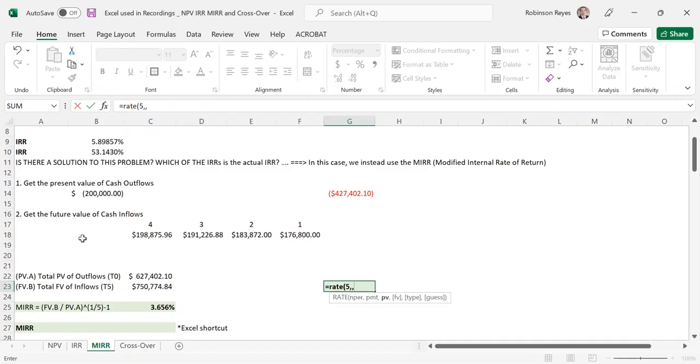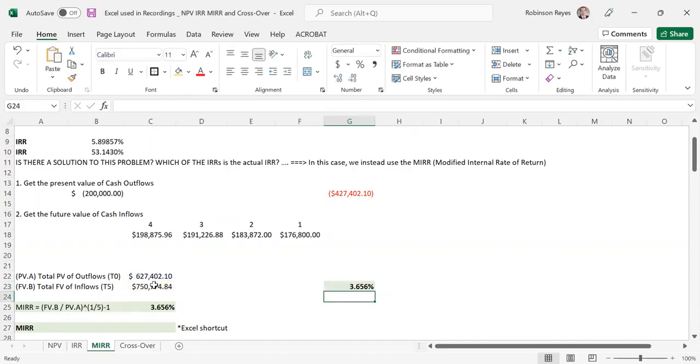Payment, we're not using that, but payment, we need to plug that in as negative, future value as positive. The rule, remember, in Excel and the BA II Plus calculator: if money's going out of your pocket, then that's negative. If money's coming into your pocket, that's positive. And then type is 0, and guess, we're not taking a guess, right? And we're getting the same thing.